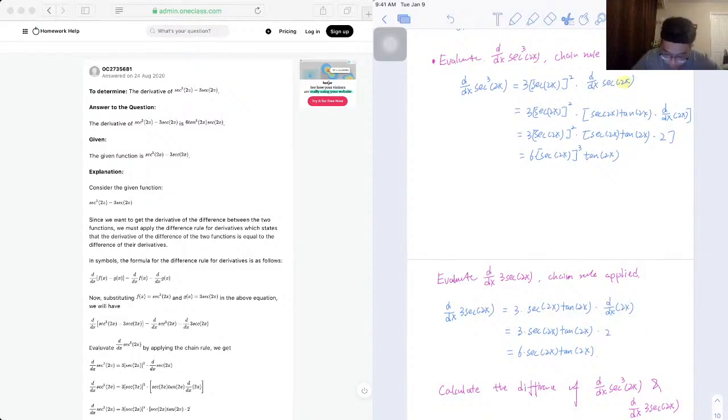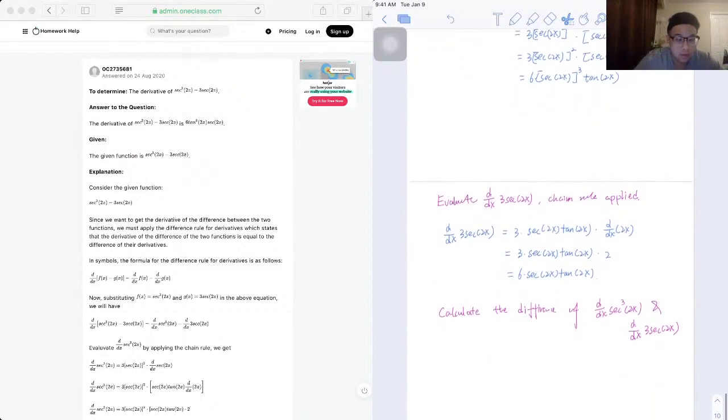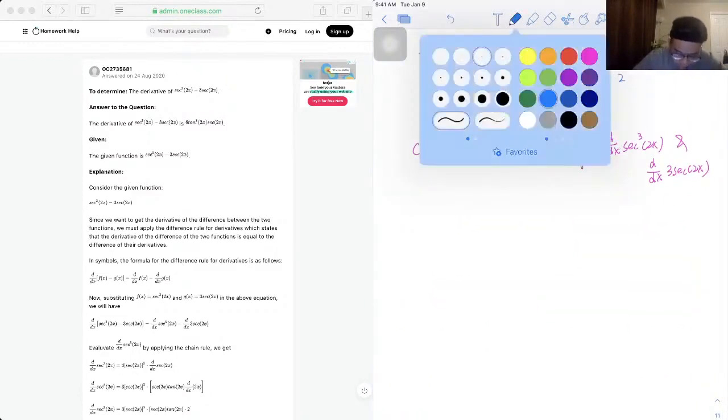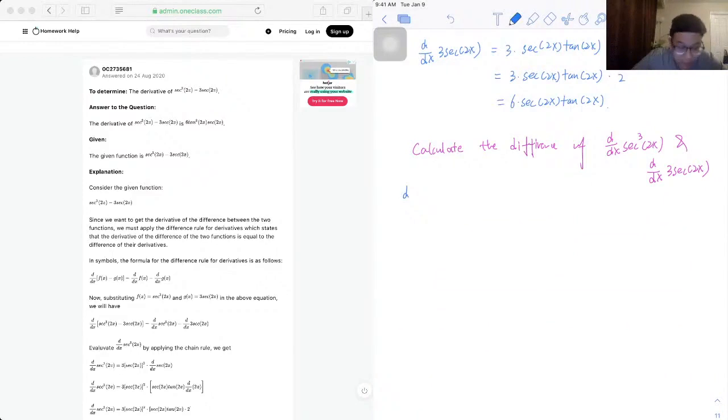So we will have the derivative of secant 3 2x minus 3 secant 2x is equal to the derivative of secant 2x to the exponent of 3 minus the derivative of 3 secant 2x.